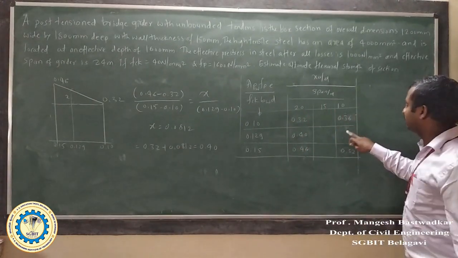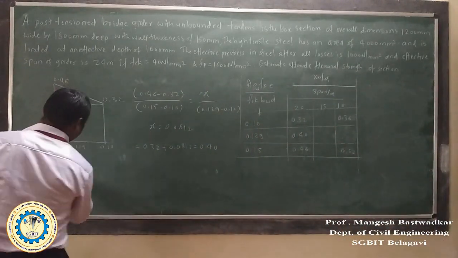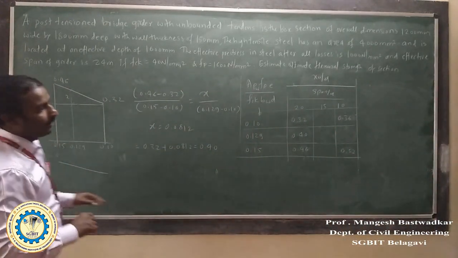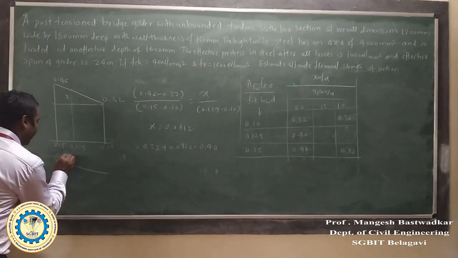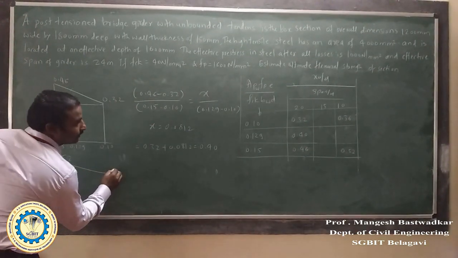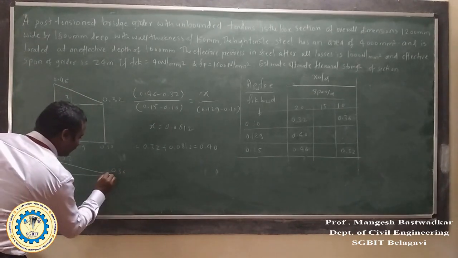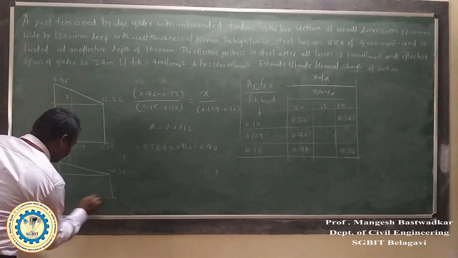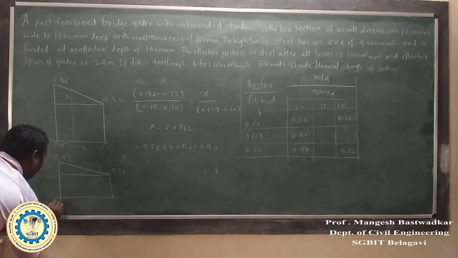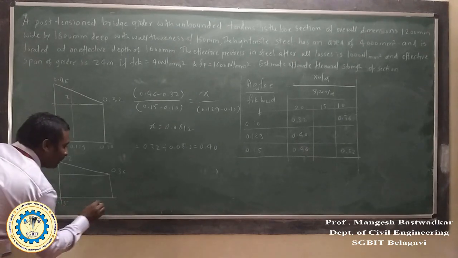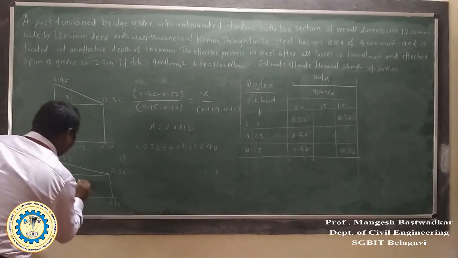Then for this value again we will interpolate. Here draw your inclined line, highest value write 0.52 here, and here this is 0.36. Then draw a similar triangle like this. Then write the corresponding value also. This is for 0.15 effective reinforcement ratio and this is for 0.10.